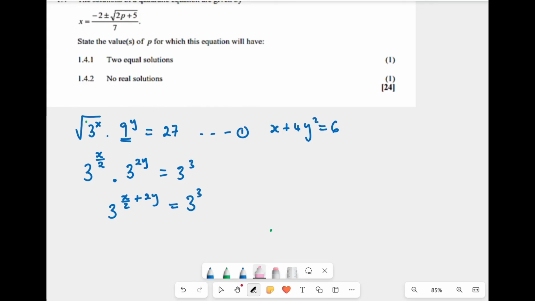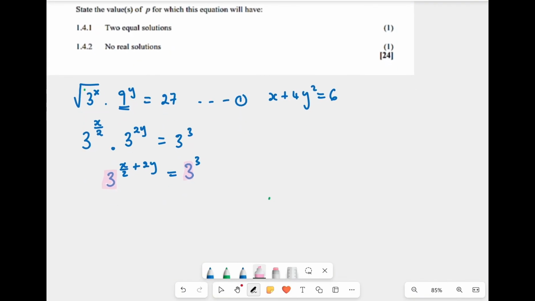Now again, we can see that the bases are the same, so we can just drop the bases again. If we drop the bases, we are going to have x over 2 plus 2y is equal to 3, because if the bases are the same, then the exponents are equal.